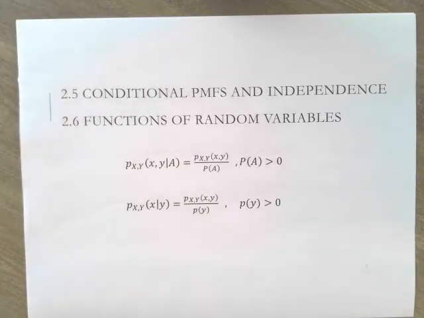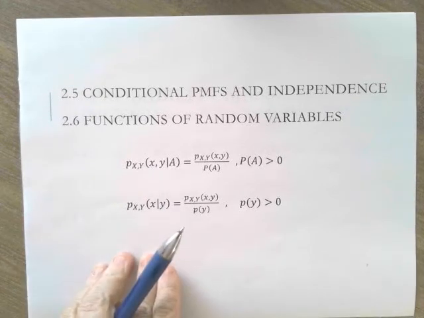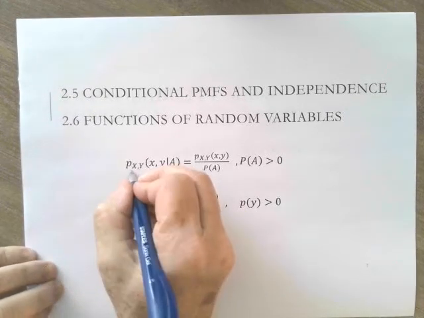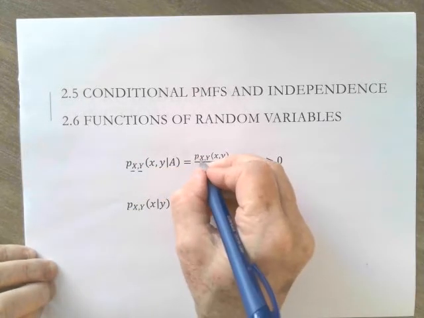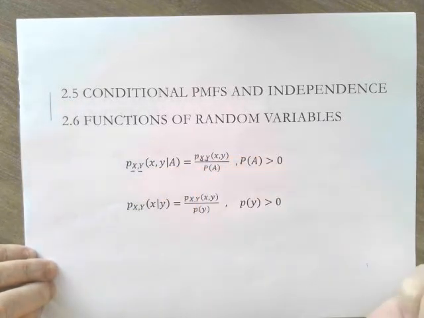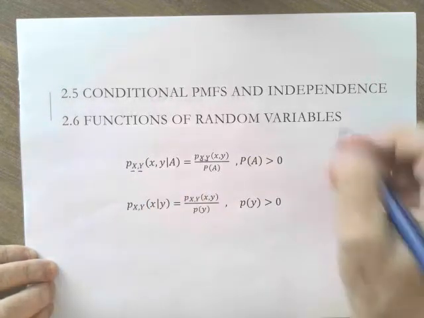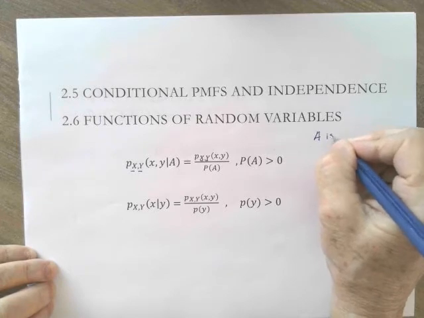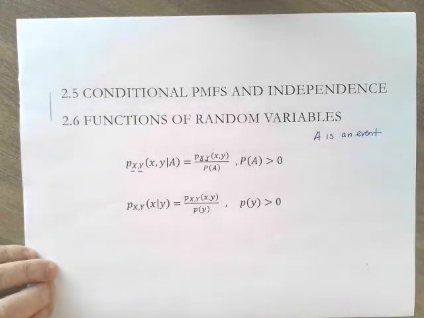There we go. Okay, so here we have a joint probability mass function that is conditioned on some event A, and we would compute that probability by looking at the joint probability mass function divided by the probability that A occurs. Notice I didn't put an underscore under A because A is actually just an event. It's not a random variable in this case.